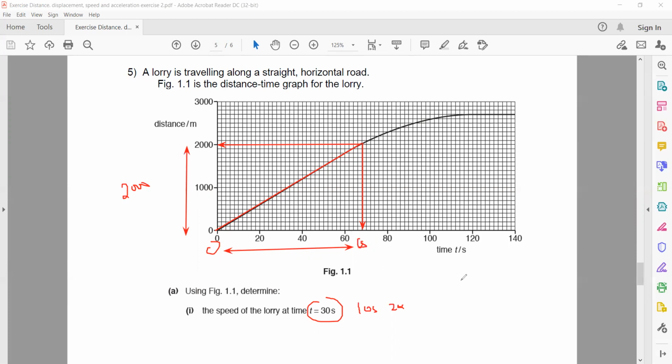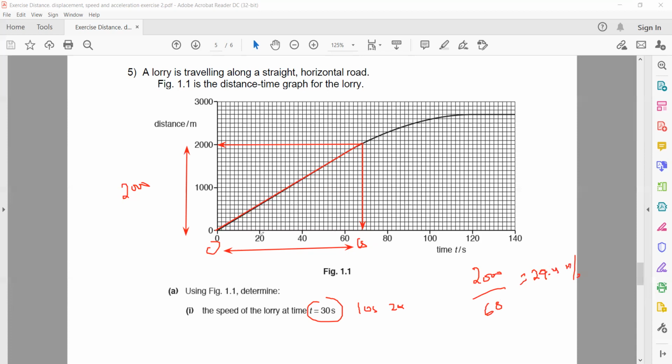To get the speed at time equal to 30, it will be 2000 divided by 68. So 2000 divided by 68 will give us 29.4 meter per second. So that is the speed of the lorry when time is equal to 30 second.